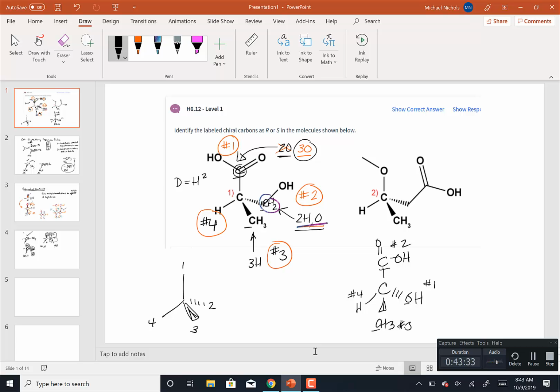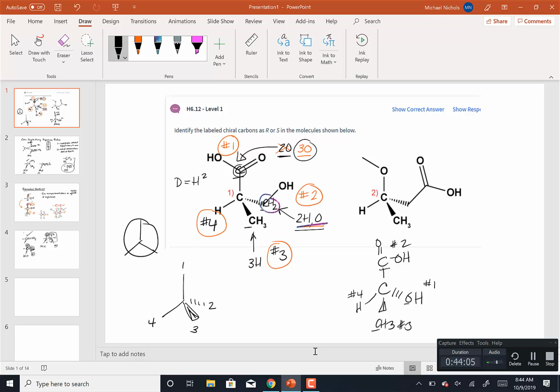So in order for me to tell you the exact 3-dimensional structure around that carbon, I have to first orient group number 4 away from me on a dashed wedge. That will create basically the old-time steering wheel model.